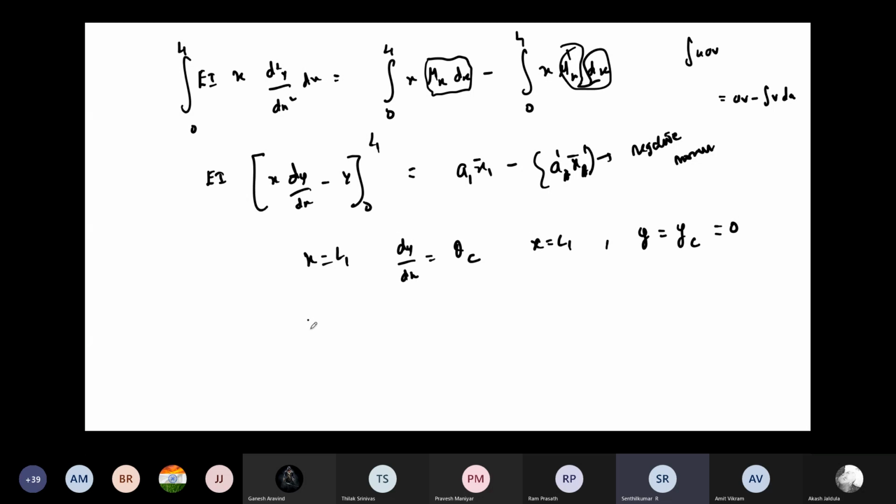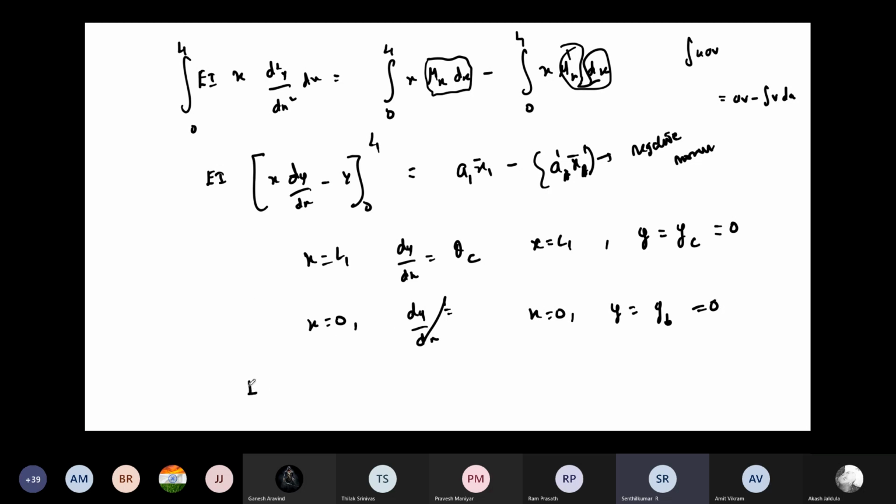Right? Then again substitute x equal to 0. What will be your dy by dx at x equal to 0? Already x equal to 0 means this term will be 0, so no need to worry about that. Again x equal to 0, what will be your y? That becomes y at B, that is also a support, so that term won't come at all. That will be 0.